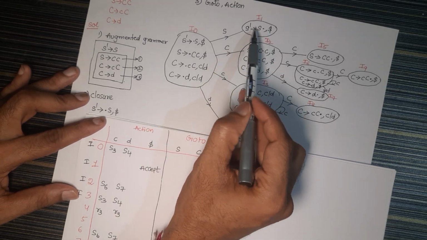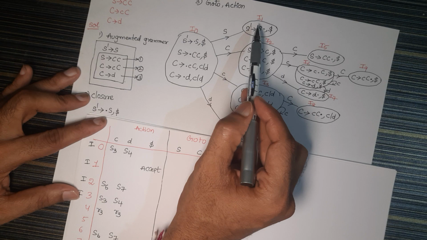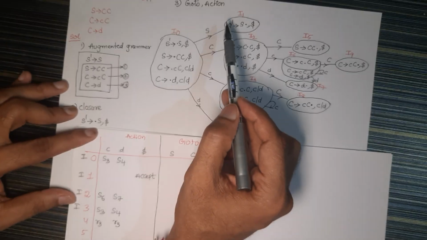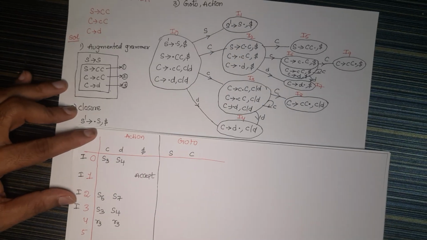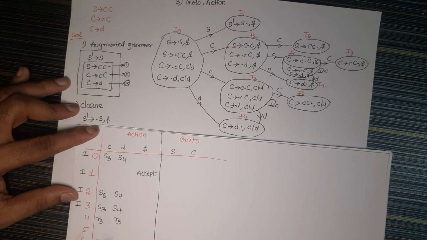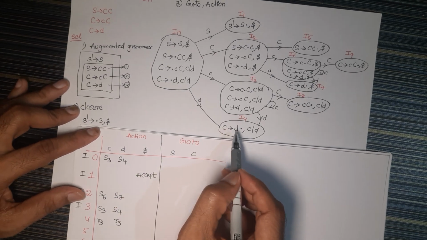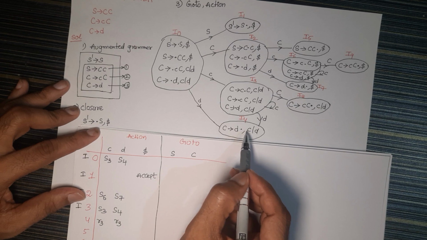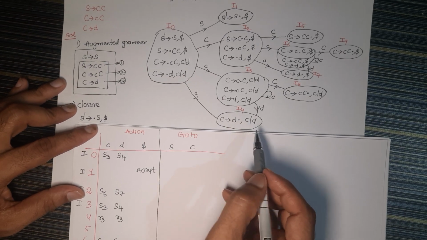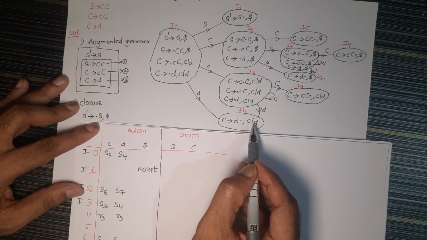Here also the dot appeared at the end, but this is the augmented grammar. So now, when we find the dot at the end, we go with the look ahead symbols. Here the look ahead symbols are C and D.